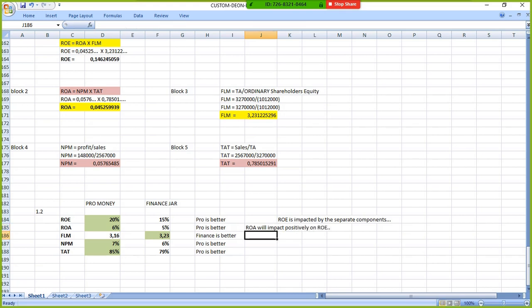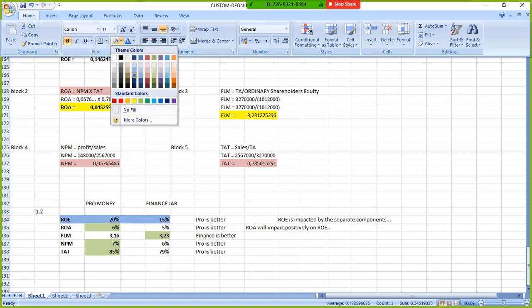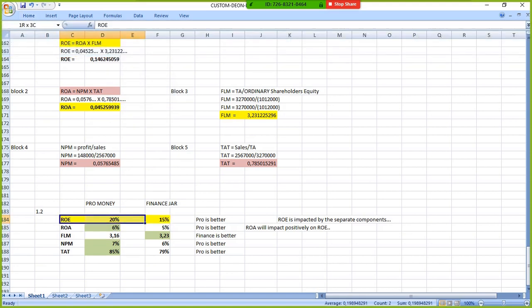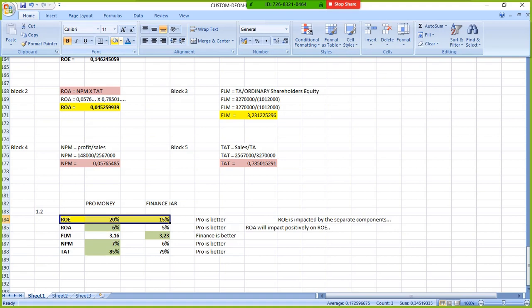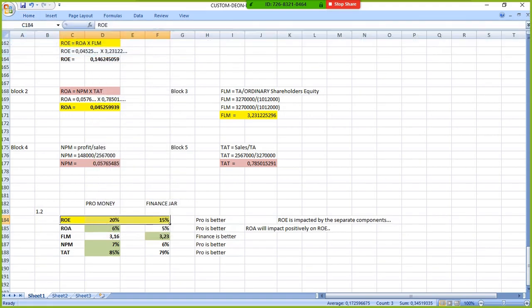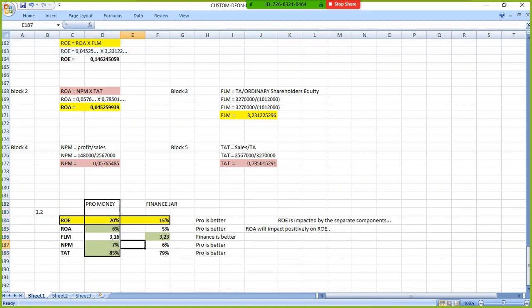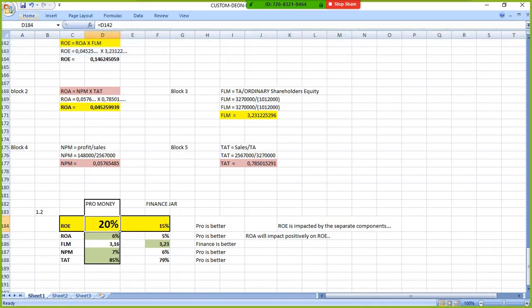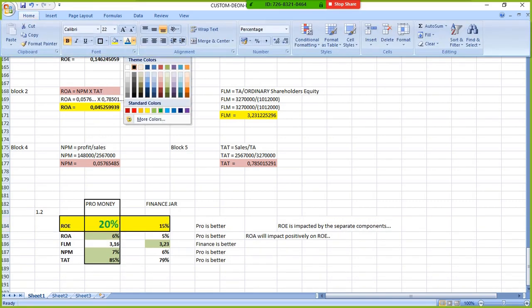The better your ROA, the better your ROE. That's how we can see that Pro Money has a better ROE because ROE is what we're looking at at the high level. Okay, so you're looking at who's the winner and loser here in terms of, is Pro better than Finance? Pro is better than Finance because more of their components, ROA, NPM, total asset turnover, contribute favorably to the overall performance of the business.